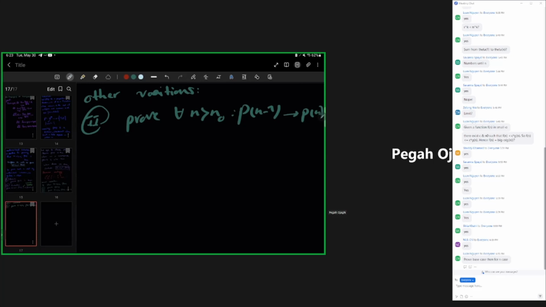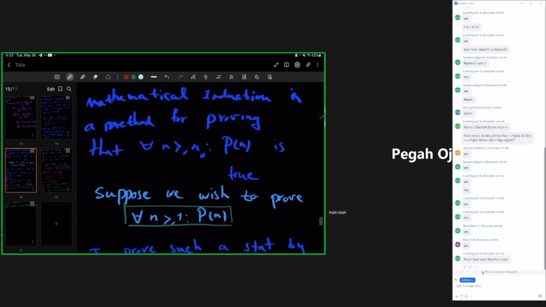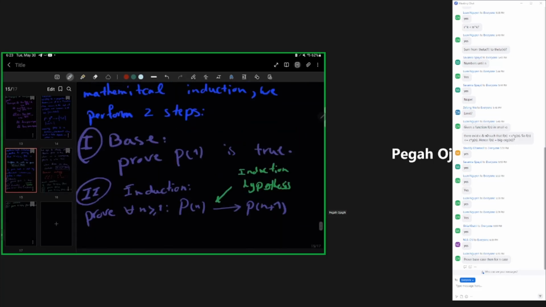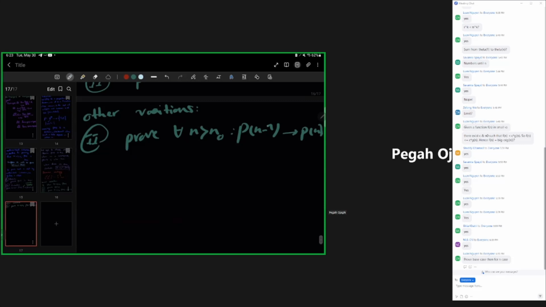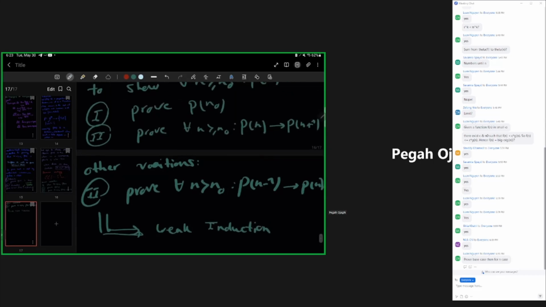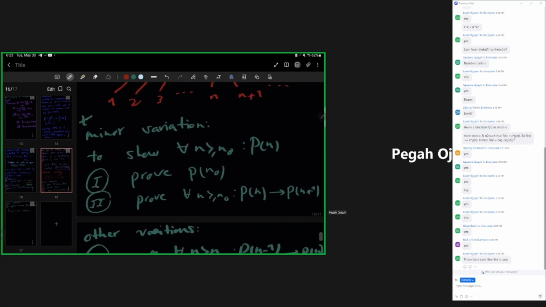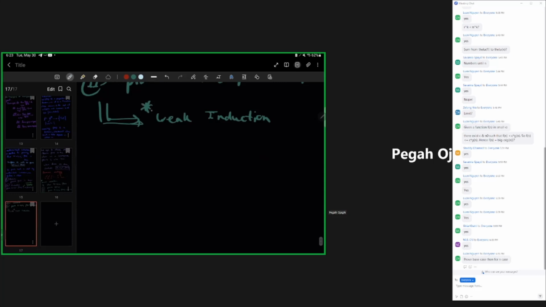Instead of just doing Pn plus 1, we can do this one instead. So if you have the first one, for every n greater than 1, Pn is true, we call this strong induction. This part, if you show greater than n naught, or if you prove this one, they're going to call it weak induction. This green one is going to be weak induction. These two, I will put a star here for both of them. This minor one is going to be weak induction.